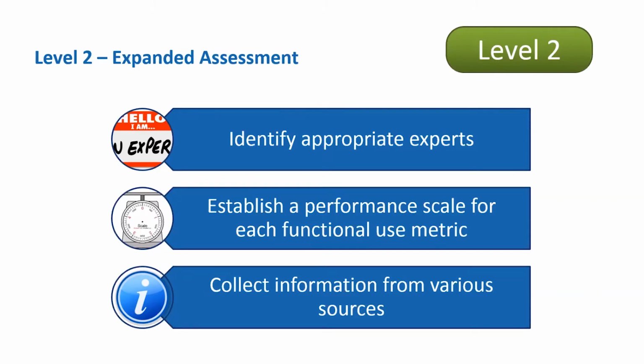At this level, you need to identify appropriate experts, process engineers or scientists like chemists, material scientists, etc., to help you gather the necessary information. Use your functional use and performance or quality requirements identified and establish a performance scale for each. The scale can be quantitative or qualitative depending on the measure.